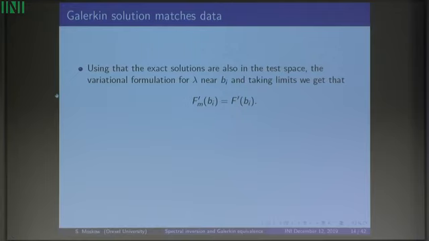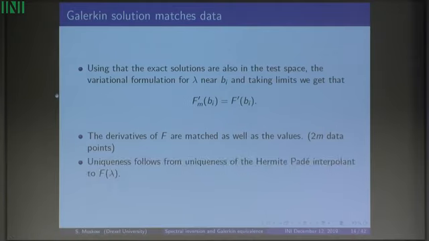It's because those exact solutions are in both trial and test space. So the derivatives of f are matched as well as the values. So that's 2m data points that this rational function matches, and so then uniqueness follows from the uniqueness of this Hermite interpolant to f.